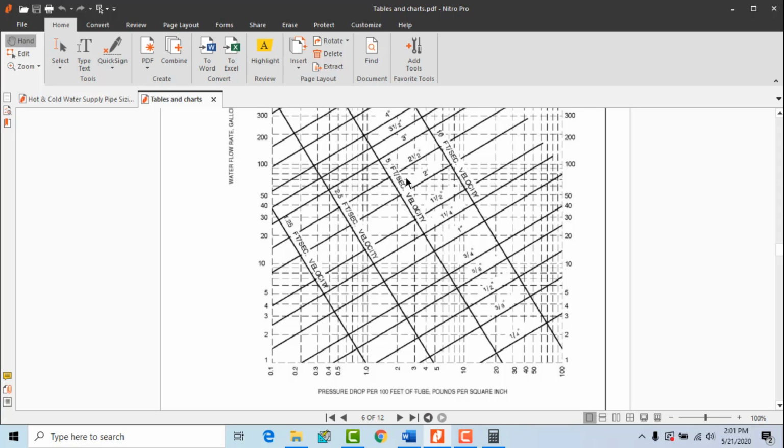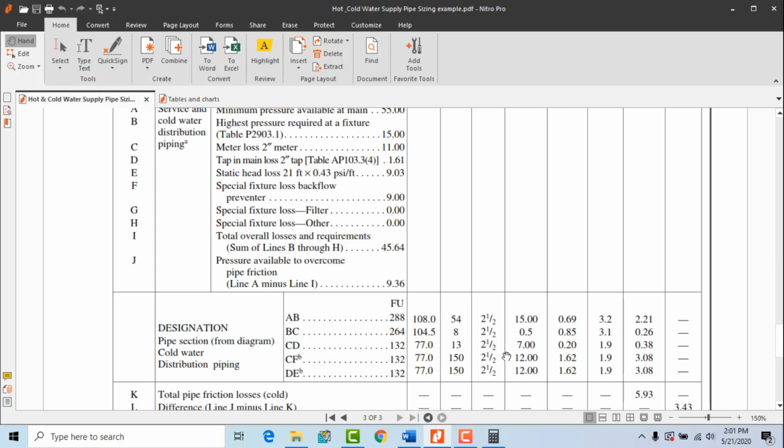It will touch somewhere here, in between 2 and 2.5 inches. So for the safe side, we are going to select 2.5 inch instead of 2 inches. So 2.5 inch pipe size for these sections.